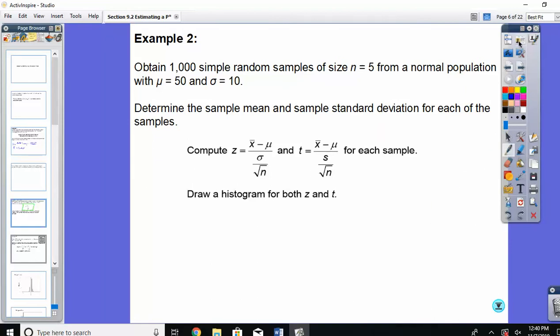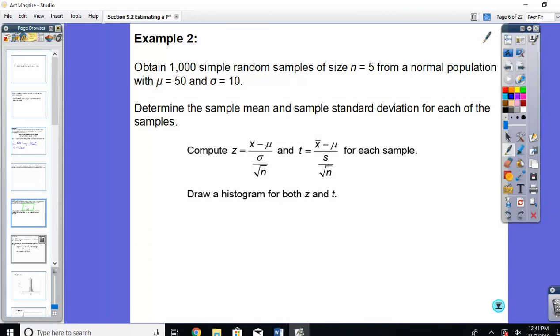So this next example isn't really anything for us to calculate. I've generated some data and made some graphs to illustrate something. If I obtained 1,000 simple random samples of size 5 from a normal population that has a mean of 50 and standard deviation of 10, I want to determine the sample mean and sample standard deviation for each of the samples.